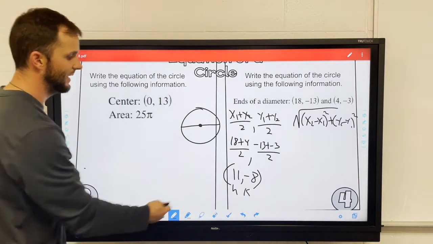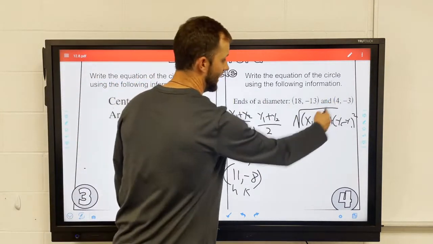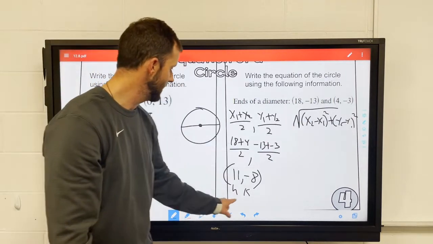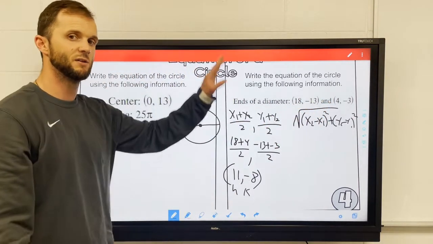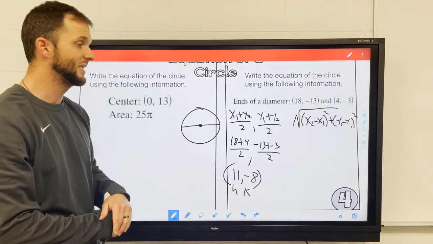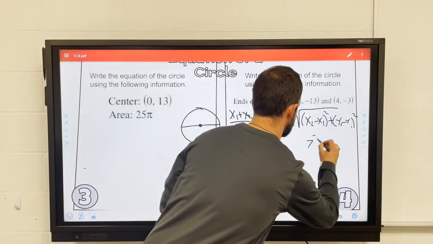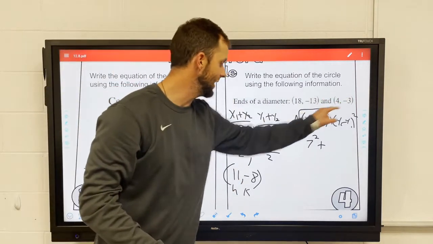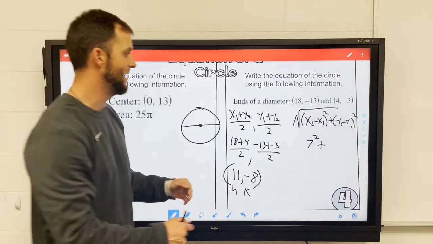So I'm going to take 11, negative 8, and 4, negative 3, and use those two. The distance between 11 and 4 is going to be 7, so this is going to be 7 squared. The distance from negative 8 to negative 3 is going to be 5.